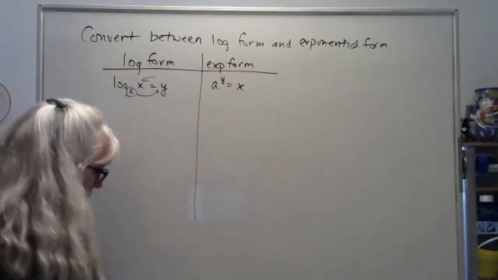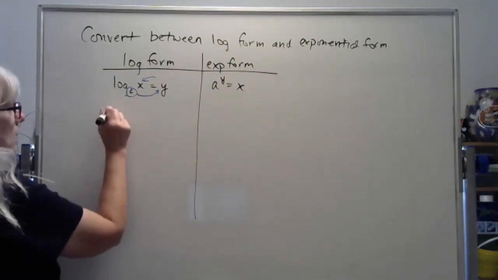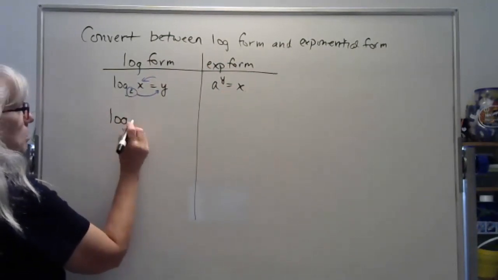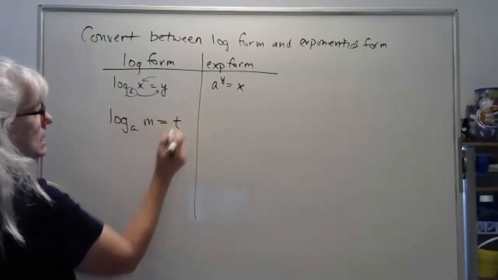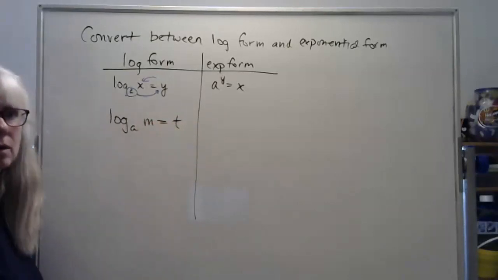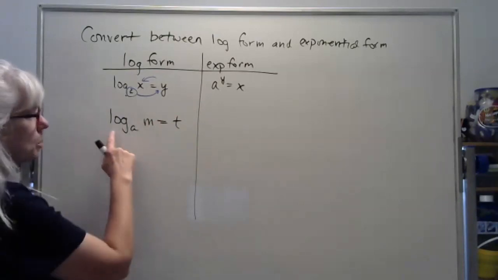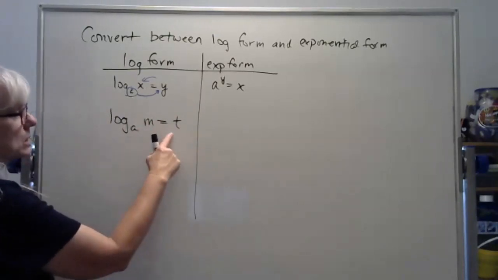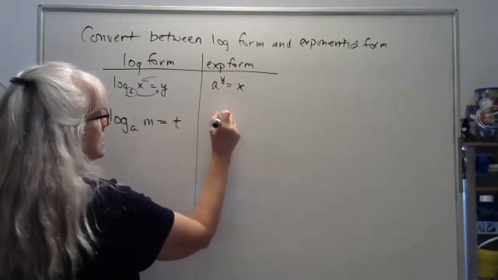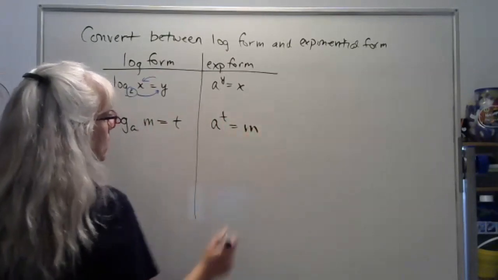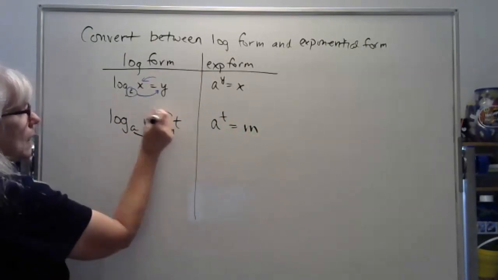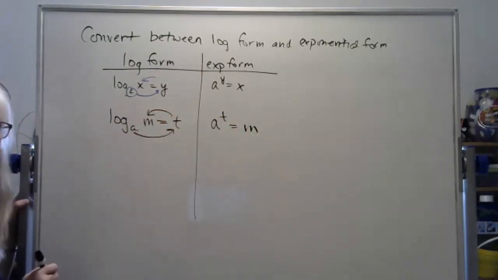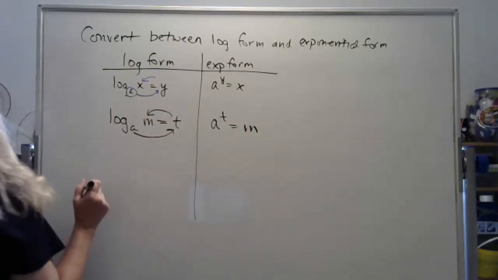Okay. So, in other words, if we have log base a of m is equal to t, and I'm just making them up, they're meaningless at this point. So log base a of m equals t, that means that a to the t power is equal to m. So again, I started with the base, I went across the equal sign to pick up the t, then I come back in and pick up the inside of that logarithm.